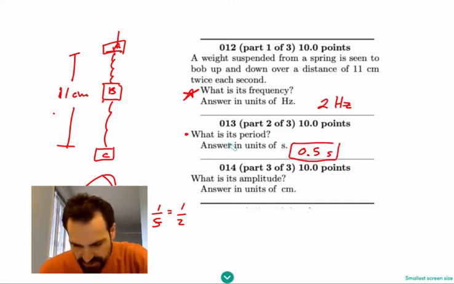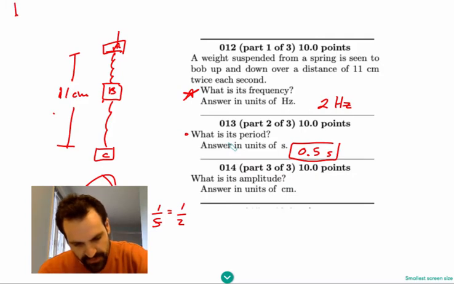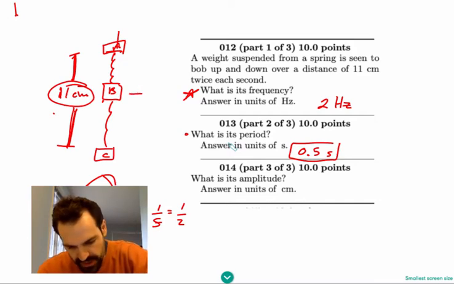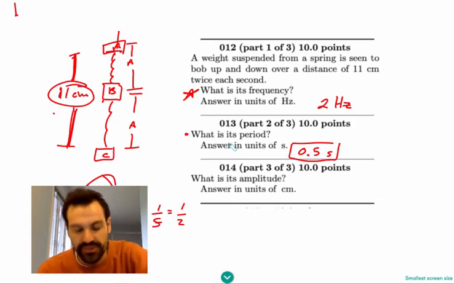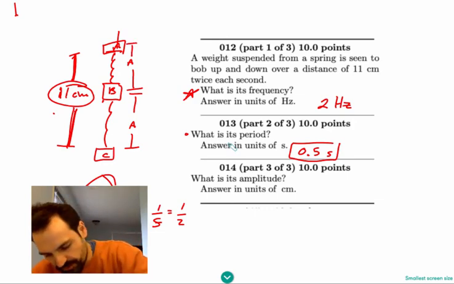And what is the amplitude in centimeters? Well, if 11 centimeters is the max distance it stretches, then half of that would be the amplitude, because amplitude is distance from the equilibrium position to either maximum. So that would be 5.5 centimeters.